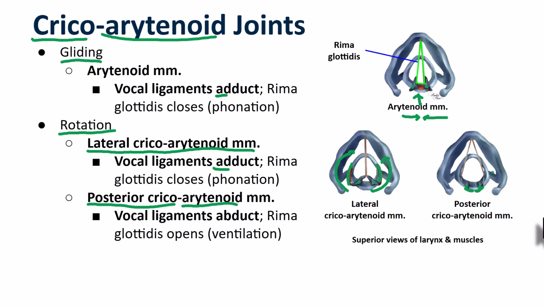And when these contract, they rotate the vocal processes of the arytenoid cartilages outwards, so as to abduct the vocal ligaments to put them in a position for optimal ventilation, for moving air. What's curious is that out of all of the intrinsic muscles of the larynx, there's only one set which opens up the airway for ventilation.